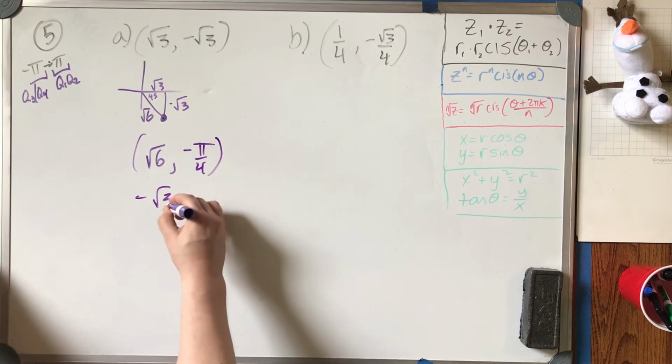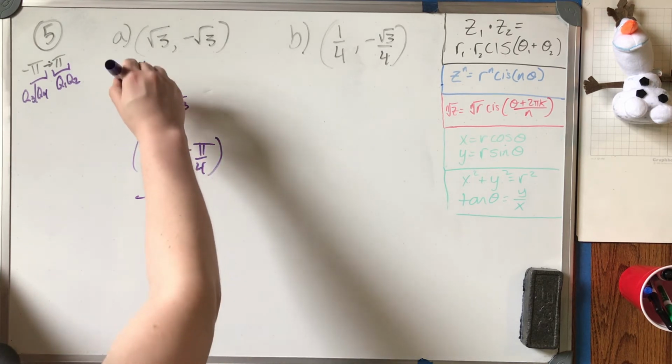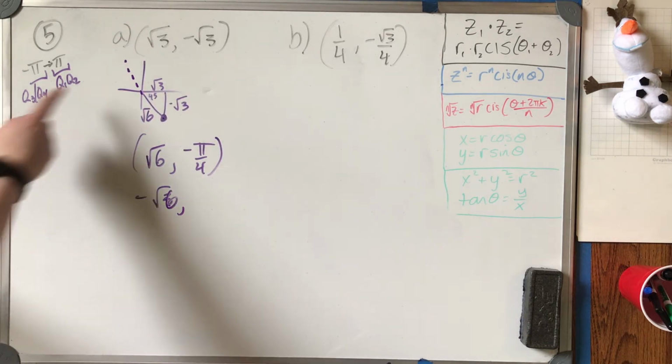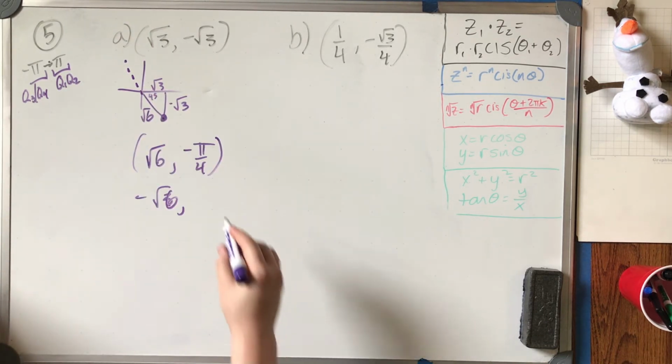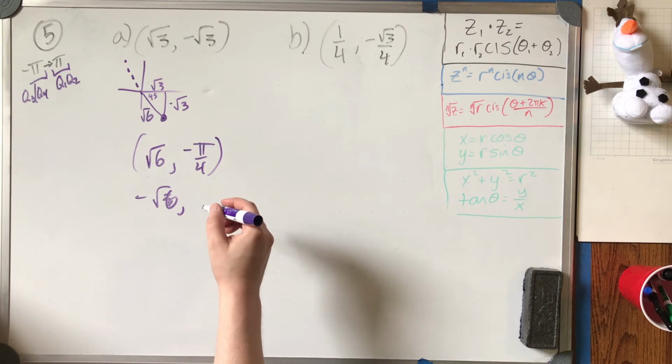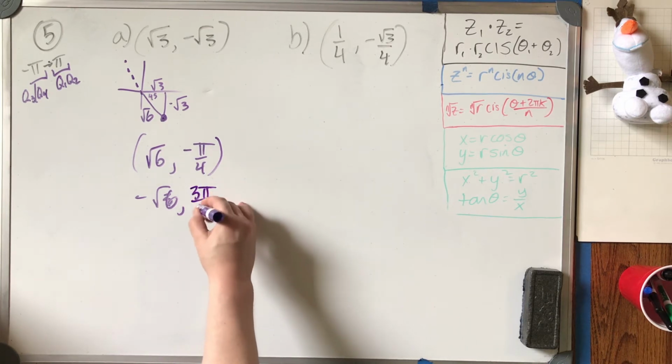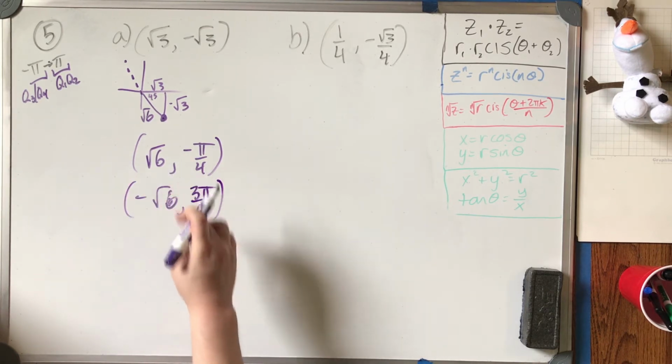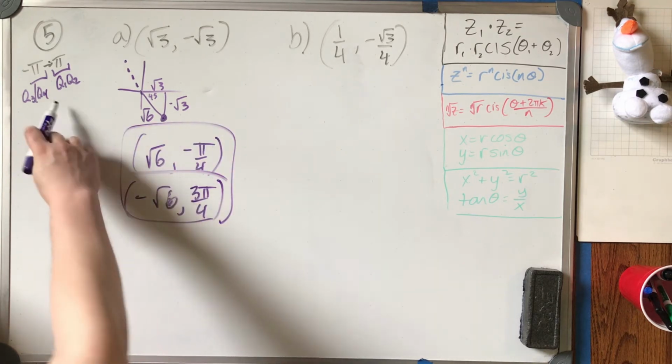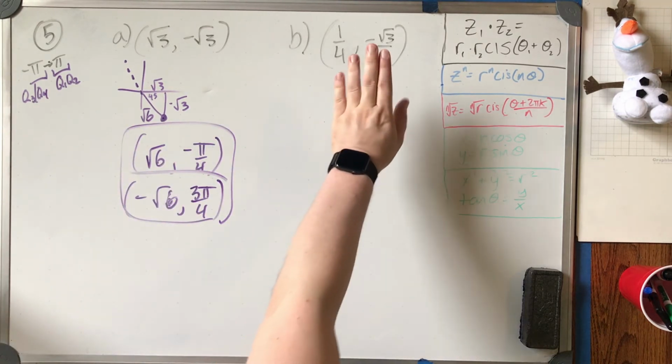If I use a negative radius, that's a 6, I swear, I need to end up over there, that's in quadrant 2, so I'll use a positive angle, that's going to be positive 3 pi over 4. Okay, so those are the two different values that work with the given angles.